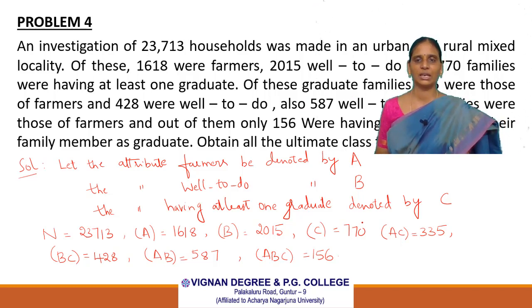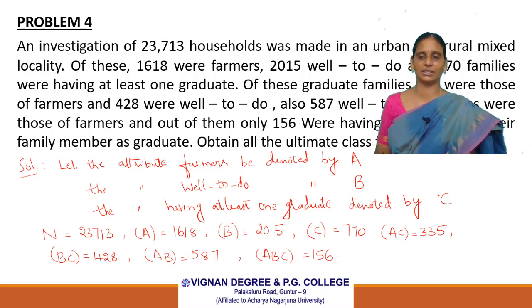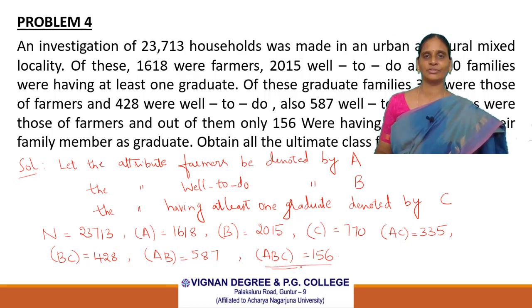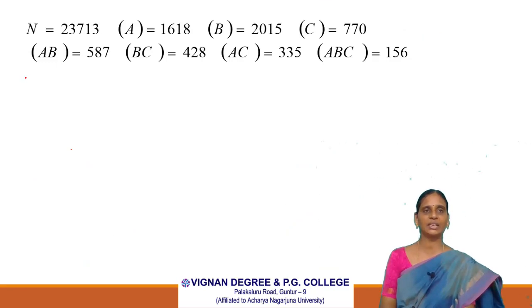Now we have to find the values of ultimate class frequencies. Here we are given 3 attributes A, B, C. For 3 attributes, the number of ultimate class frequencies is 2 cube, that means 8. One of them is given, that is frequency of ABC is equal to 156. And the remaining 7 class frequencies in the third order are found as follows.